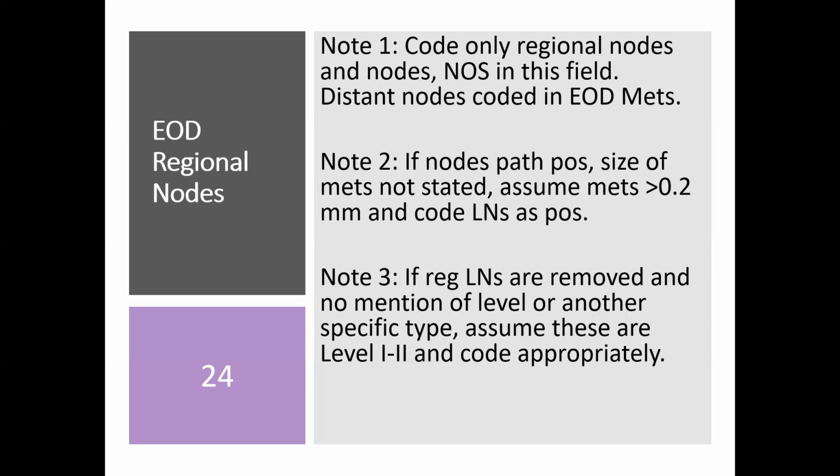So obviously code only regional nodes and nodes NOS in this field. Any distant nodes are coded in the EOD METS field. Note 2, if nodes are pathologically positive and the size of the METS is not stated, you will assume the METS is greater than 0.2 millimeters, and you're going to code the lymph nodes as positive.